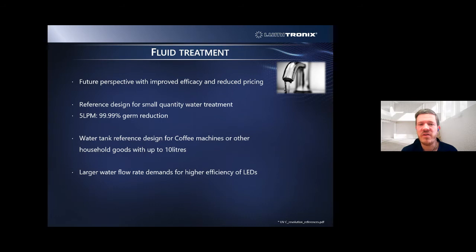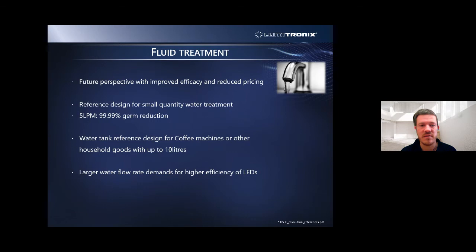But these are very, very small scale numbers if you're talking about fluid treatment, especially in the food industry. You'll need far higher flow rates to generate any kind of industrially usable technology.